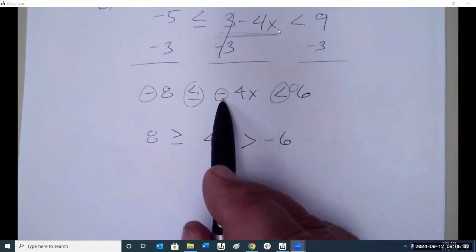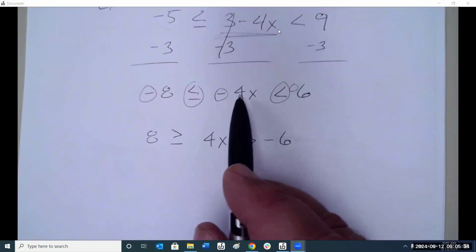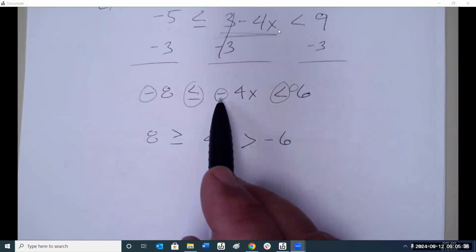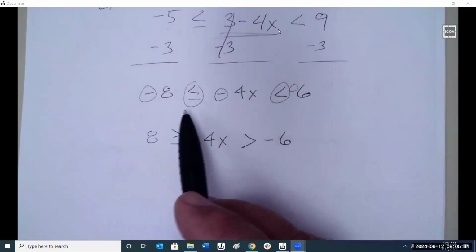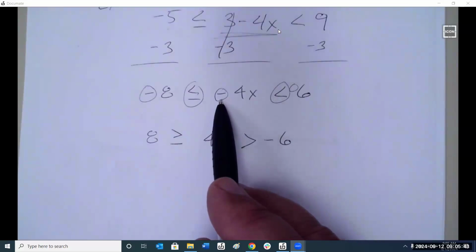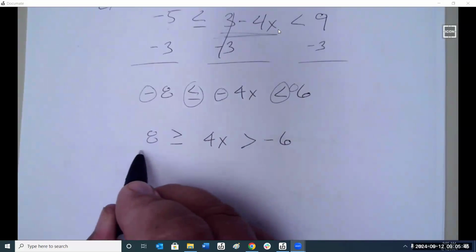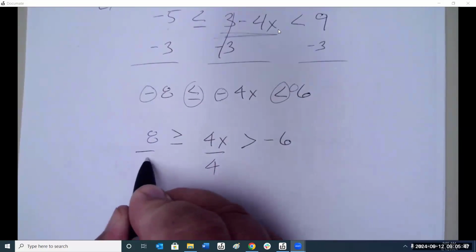You don't want the coefficient to be negative, because you have to work your way down. We got rid of the addition and subtraction first. Now we get rid of the coefficient, the negative. Now we get rid of the 4. So we divide everybody by 4.